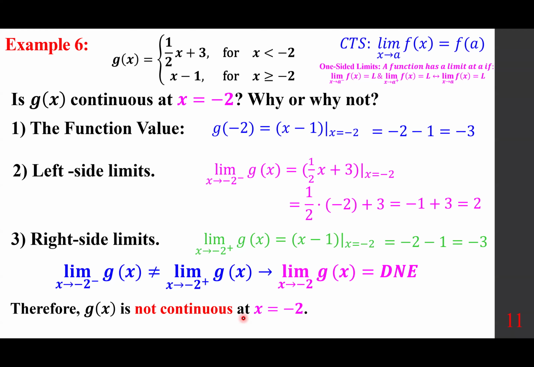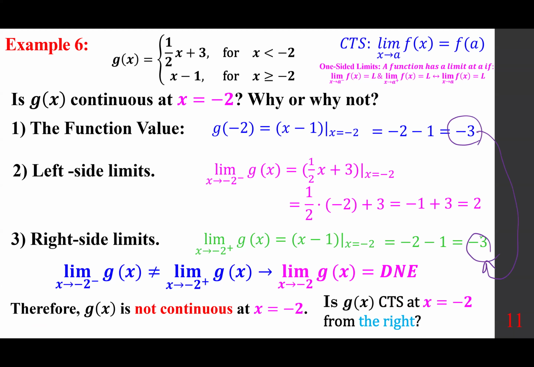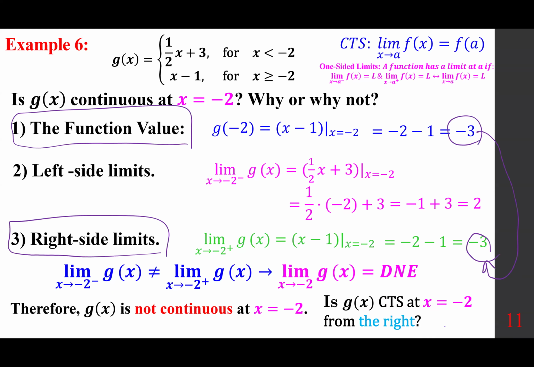However, we could ask, is g of x continuous (CTS, short for continuous) at x equals -2 from the right? Notice the functional value and the right side limits are identical.